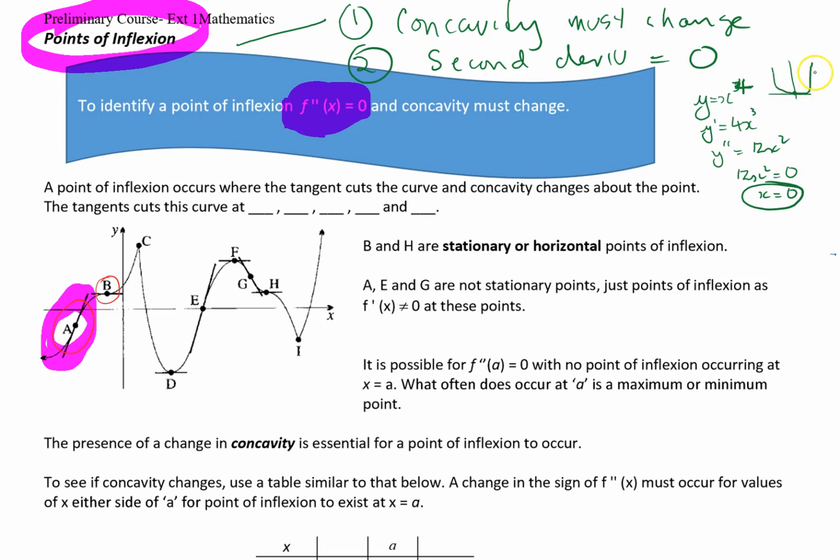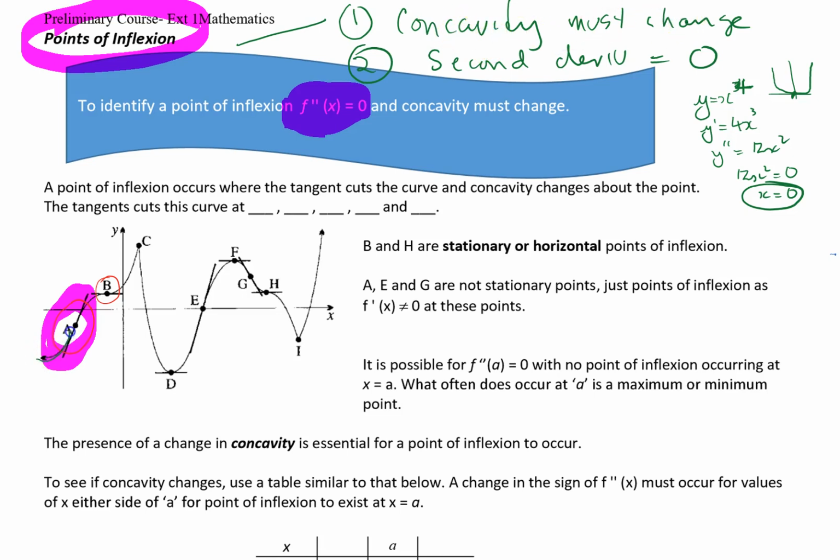This is not a point of inflection here. This is concave up the whole way. So, just showing second derivative equal to naught is not enough to identify a point of inflection. So, I say learn that you will only get a point of inflection if concavity changes.